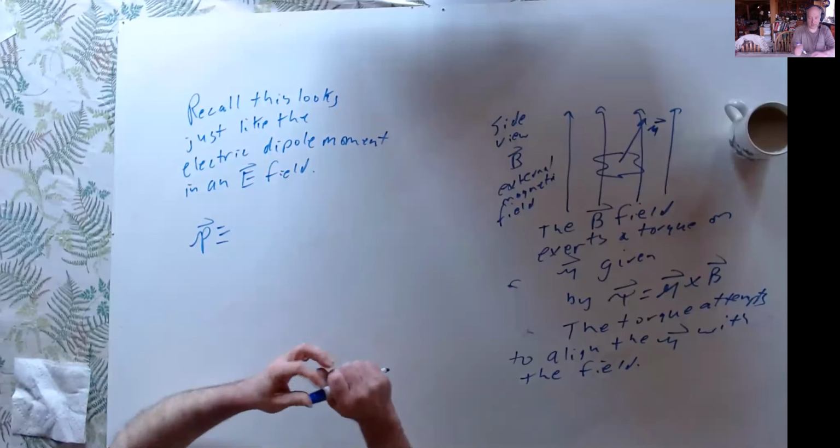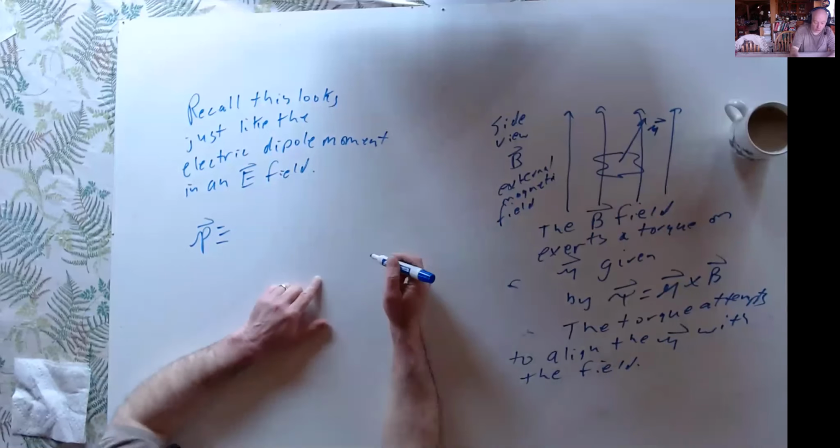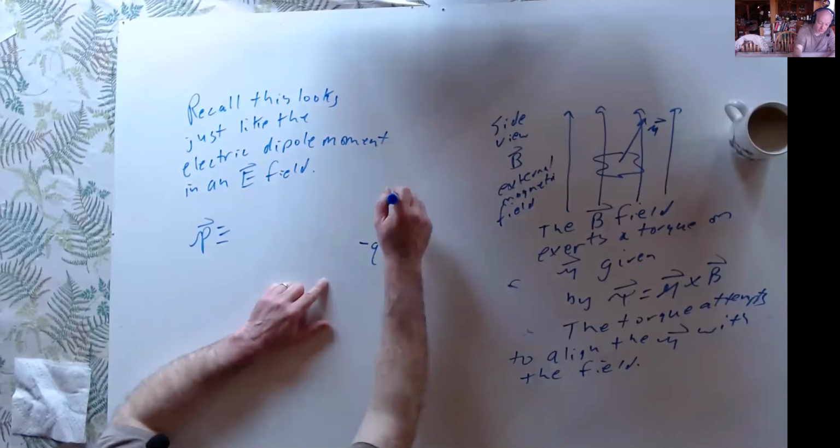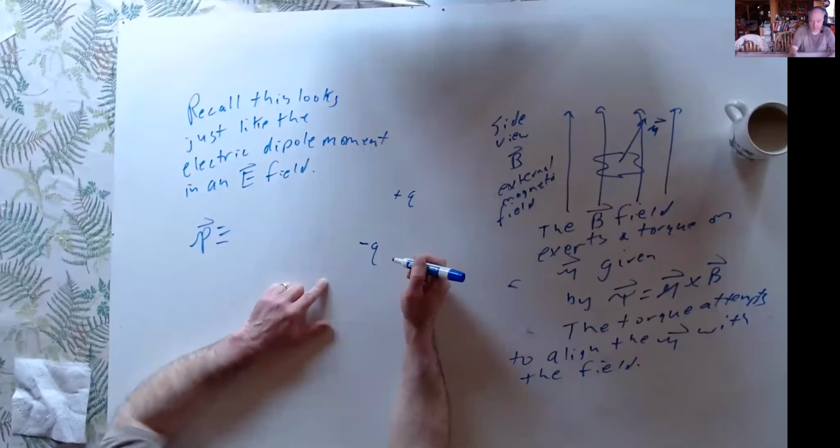Okay, so this is what we did. Remember, we had two charges. We had a negative charge, so minus Q. And then we had a positive charge plus Q, like that. And there was some separation distance between the two, which we called R. So this is the separation distance here, R.